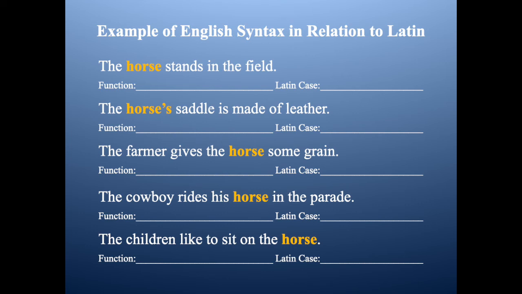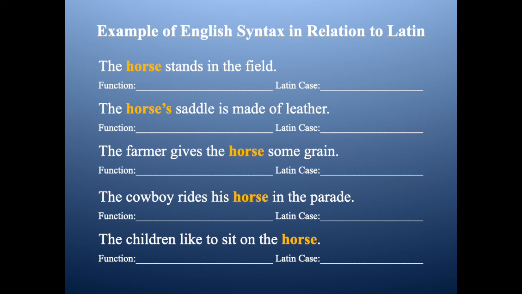Below that, the farmer gives the horse some grain. What's the subject there? Farmer. What does he do? He gives. What does he give? He gives grain to the horse. The word horse in this sentence with those words in that configuration is the indirect object. Okay, below that, the cowboy rides his horse in the parade. Subject there is cowboy. What does he do? He rides.